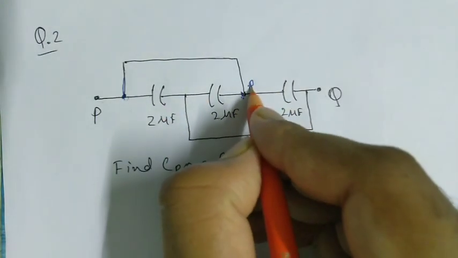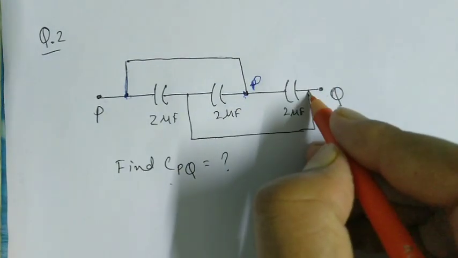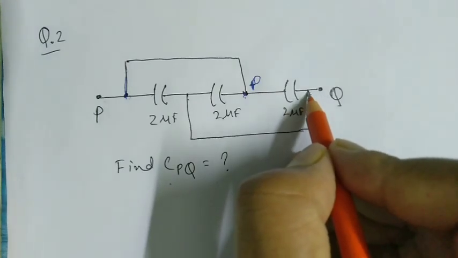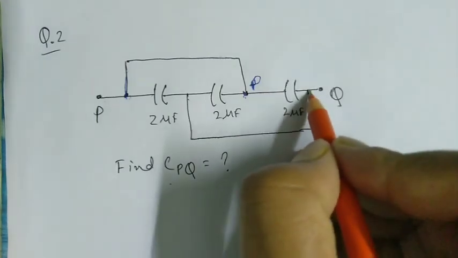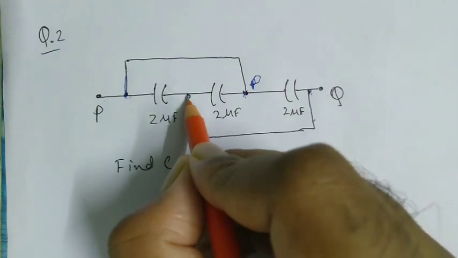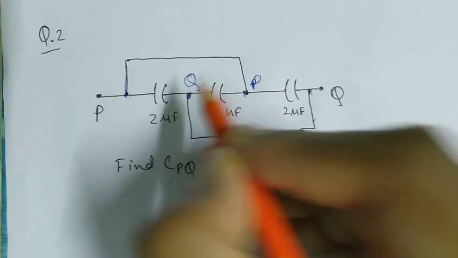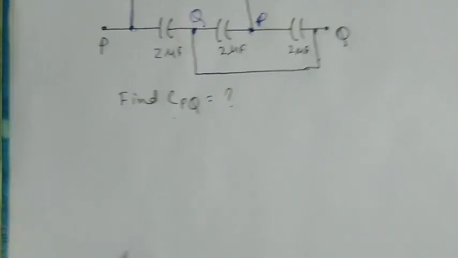Here it is shorted, so this node is also shorted, and this point and this point are equipotential points, so this is Q point.